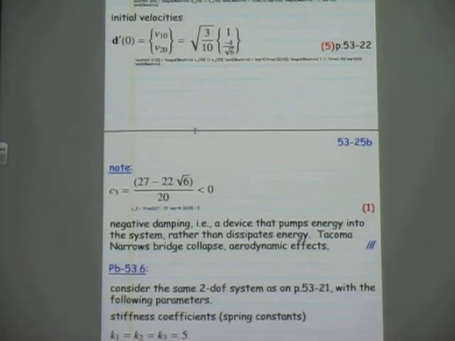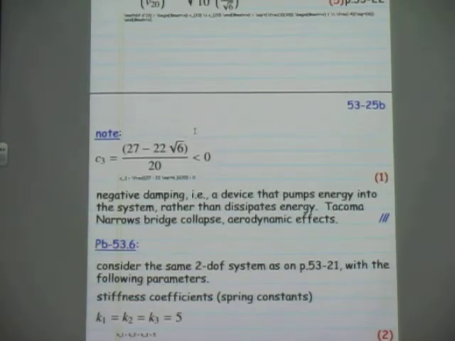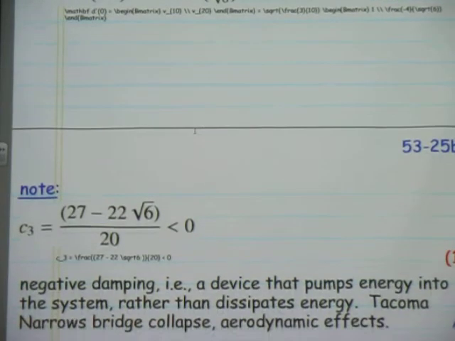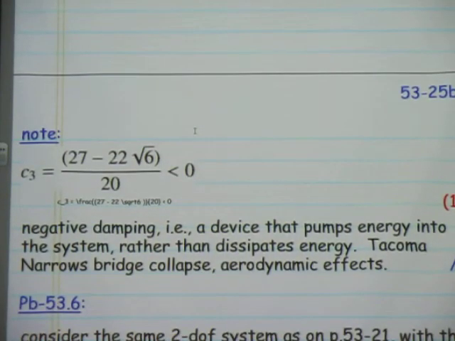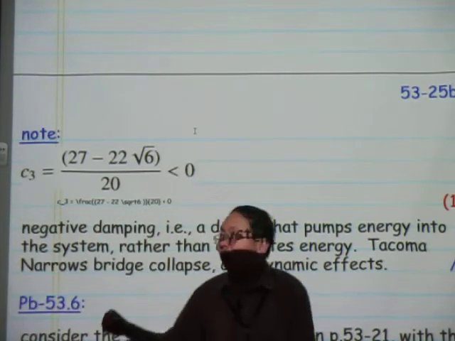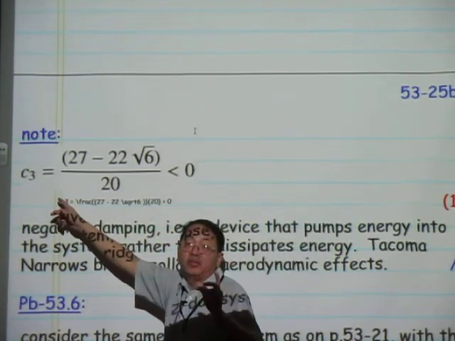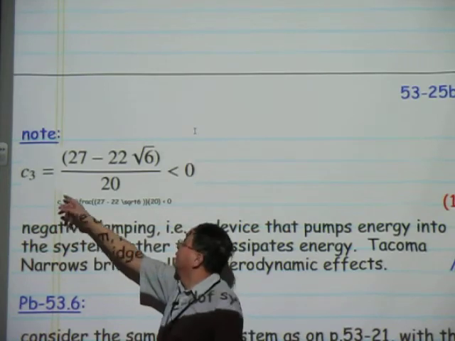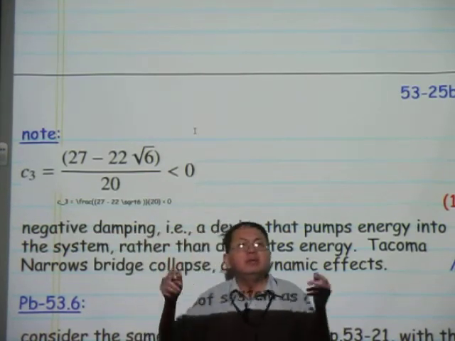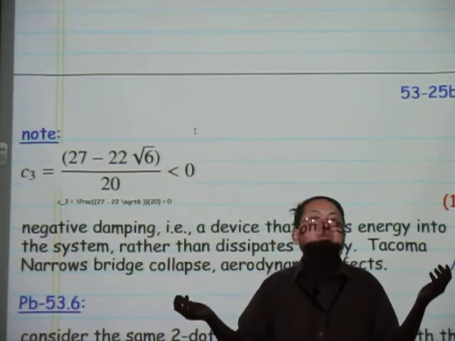And now one very important remark is that it turns out that the value that I selected for the damping coefficient of the third damper is negative. So what does it mean, a negative damping coefficient?